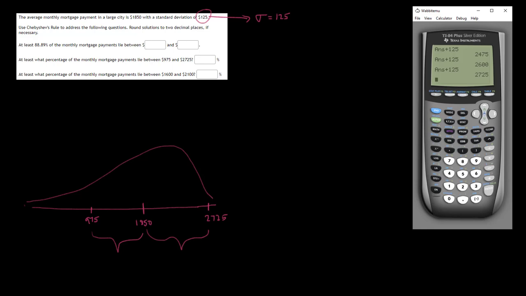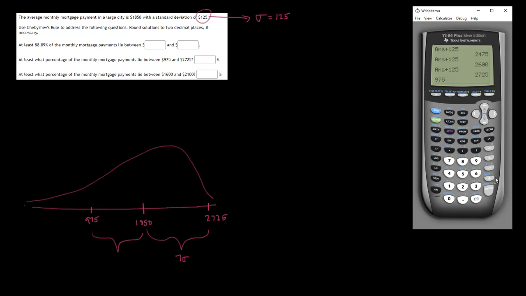So this distance right here, in terms of standard deviations, we'll call 7 sigma, for 7 standard deviations. Now, just to check ourselves, this distance here should be exactly the same. I know when I drew it, it's not exactly equidistant, but it should be. My picture's not perfect here. Just to verify, let's do 975 and see how many times I have to add 125 to get to 1850.